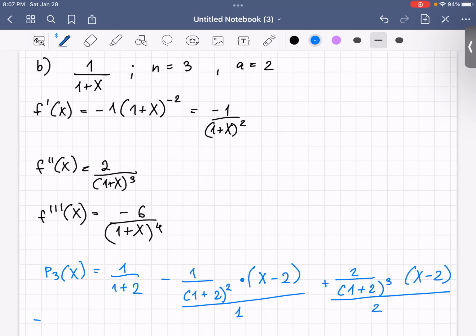And then minus, this is this one, minus 6 over 1 plus 2 to the power of 4 times x minus 2 over 3 times 2. So this is what the polynomial looks like. Squared.